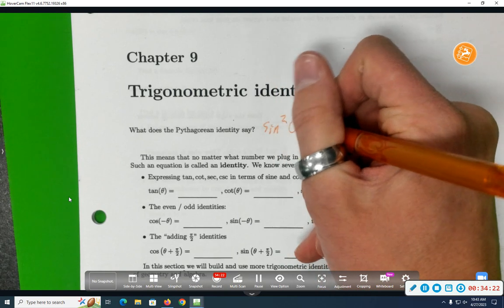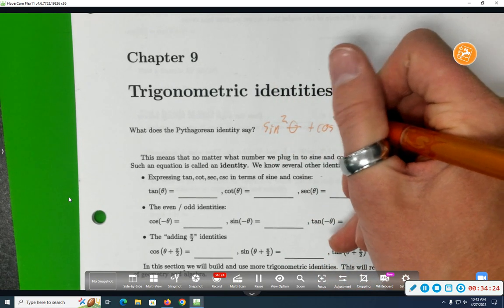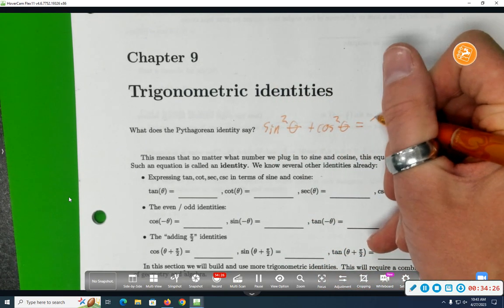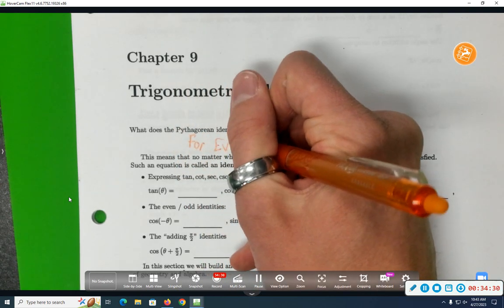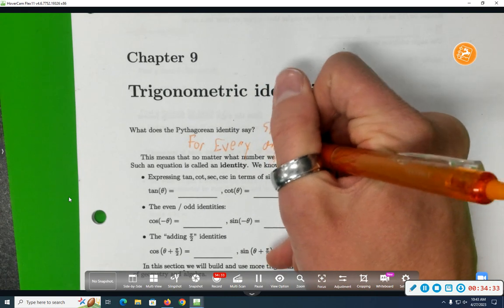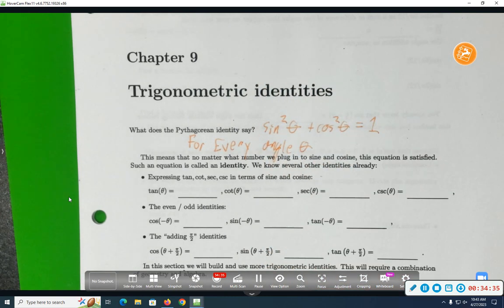It says that sine squared of any angle plus the cosine squared of that same angle is always equal to 1, and this is true for every angle theta. So no matter what angle you plug into that equation, it is always true. So this isn't an equation you could solve for theta, because it's just an equation that's always true.